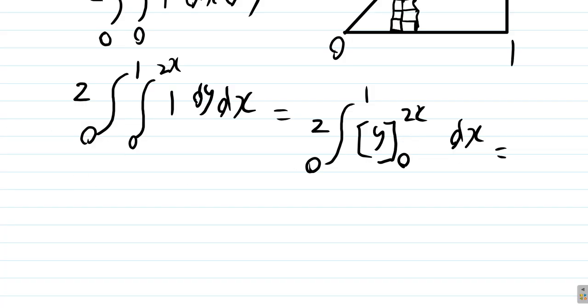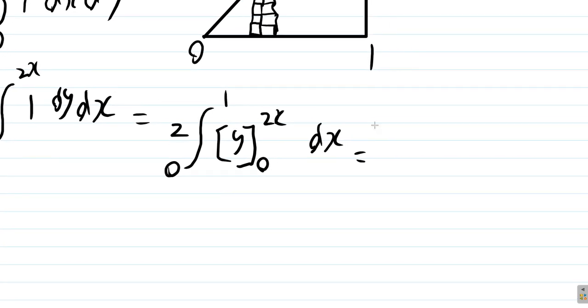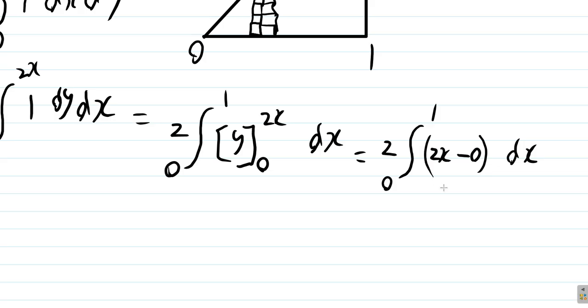So this would be 2 times the integral from 0 to 1 dx. What happened here? You substitute 2x for y first, minus, then you substitute the lower boundary 0. But when you do this, you would have 2x minus 0, which is just 2x. I wouldn't need this bracket anymore. So this is what you have. Alright?